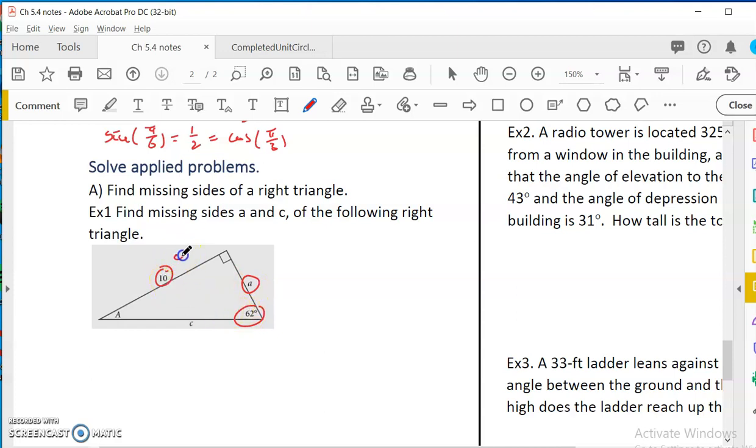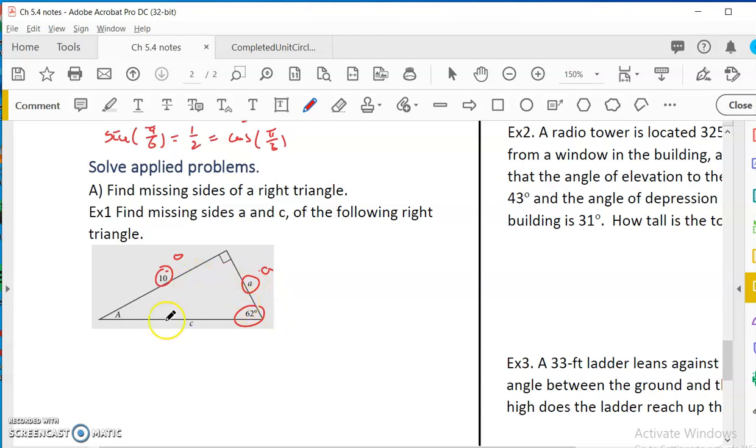This is the opposite of 62, and this is the adjacent of 62, because the hypotenuse is opposite to the right angle. This looks like a slanting side, but it's not the hypotenuse. It's bounding, or makes up the right triangle. So the one that is close to it is adjacent.